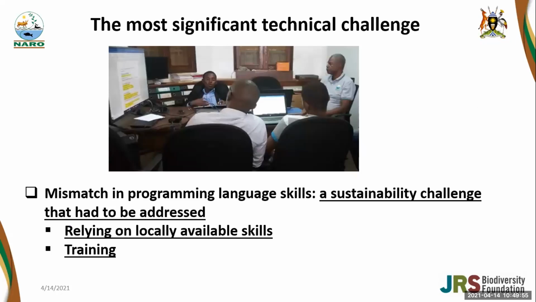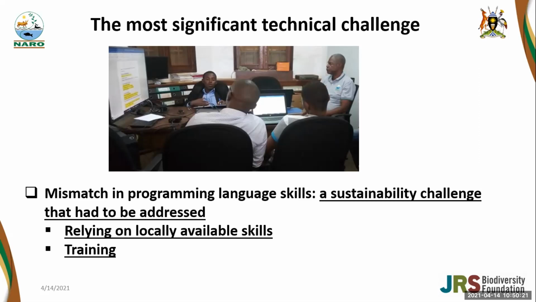And then the mismatch in IT capabilities. I said at the beginning, we focused on using locally available skills when it comes to programming, because we have seen portals in Africa which have been developed and have not moved beyond the project funding.